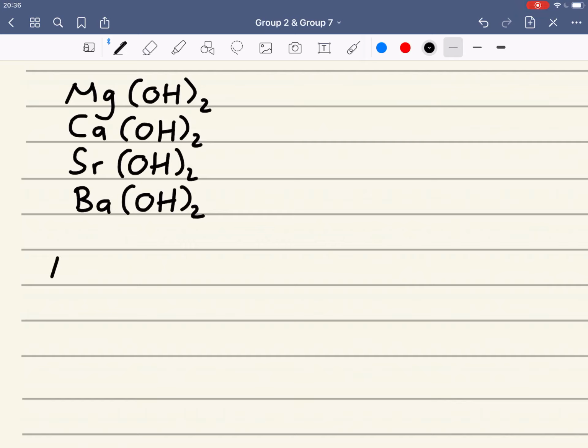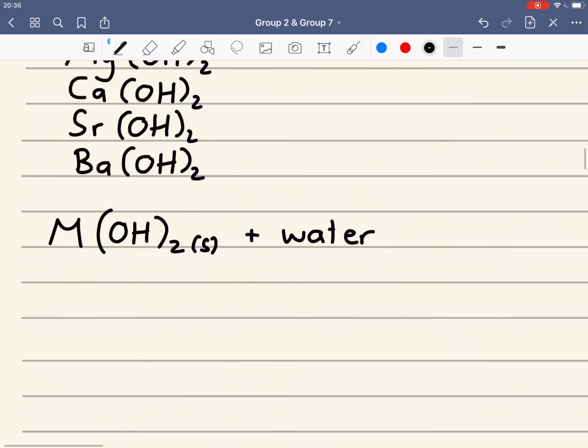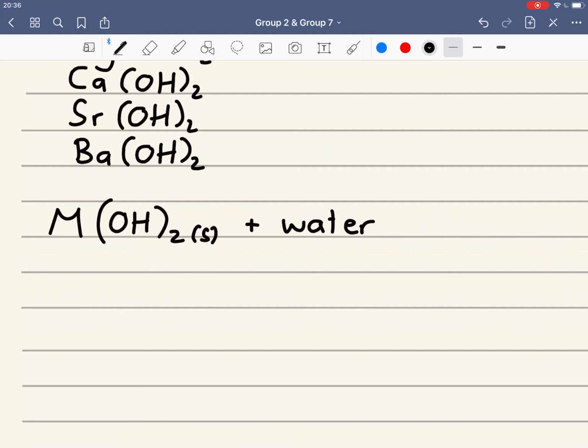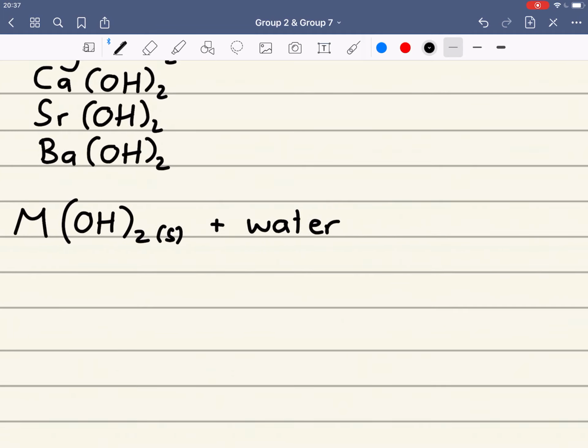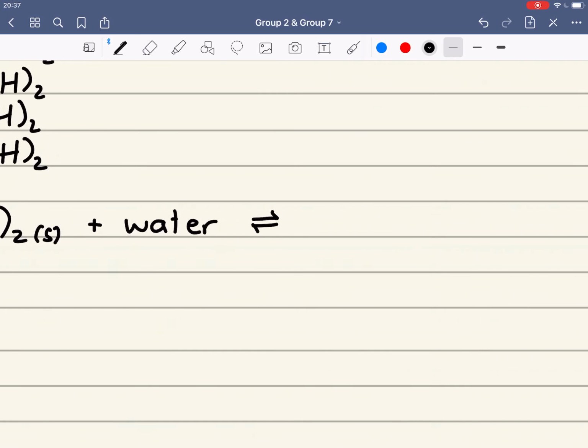Now, when you've got a solid metal hydroxide and you add water, what happens is then an equilibrium is set up and we form the aqueous ions.